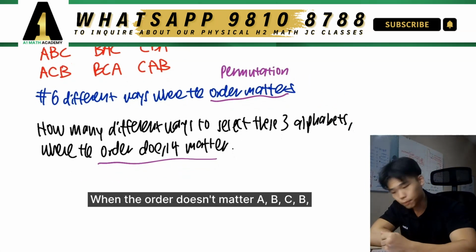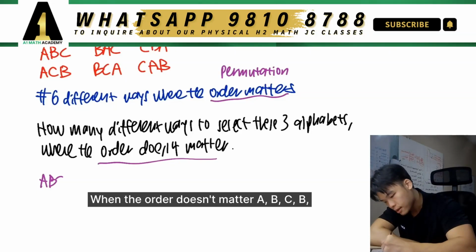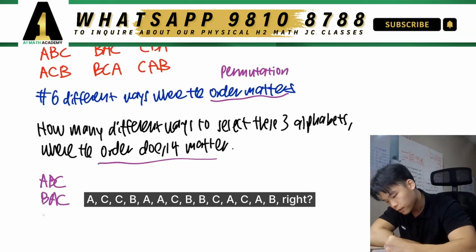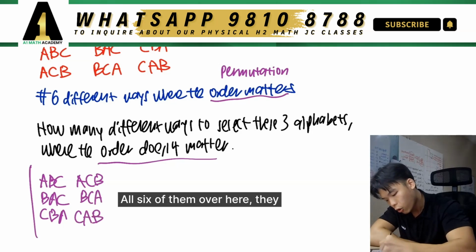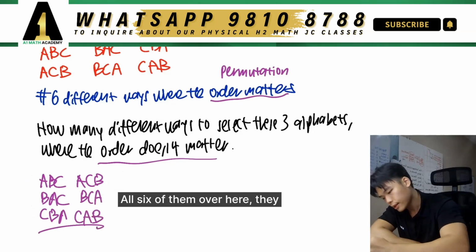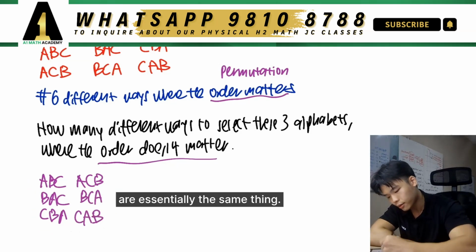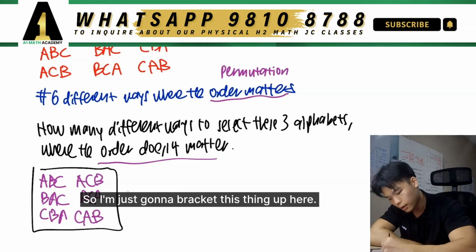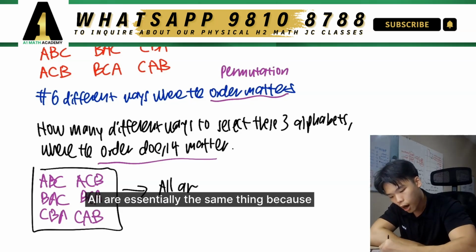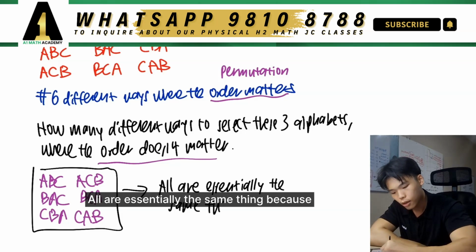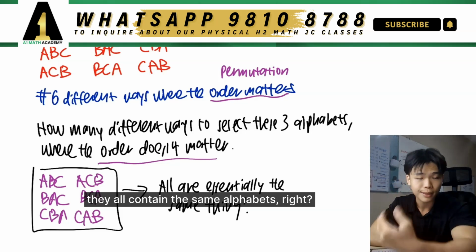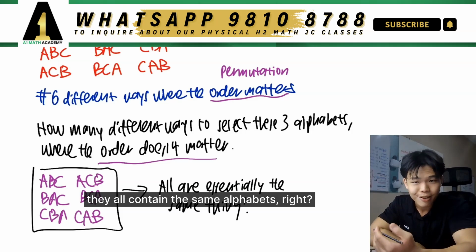A, B, C, B, A, C, C, B, A, A, C, B, B, C, A, C, A, B: all 6 of them are essentially the same thing because they all contain the same alphabets.